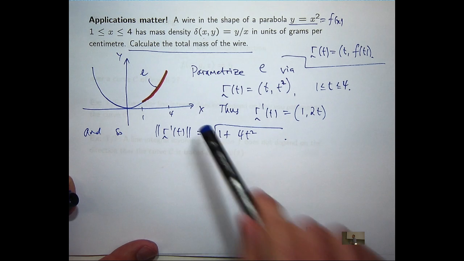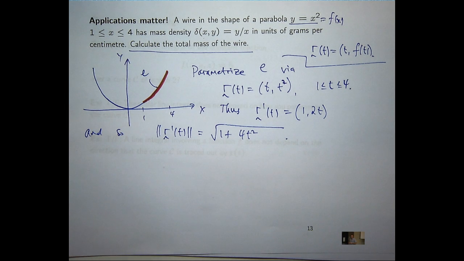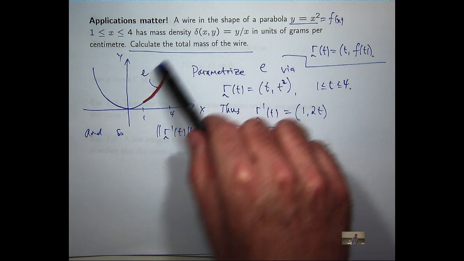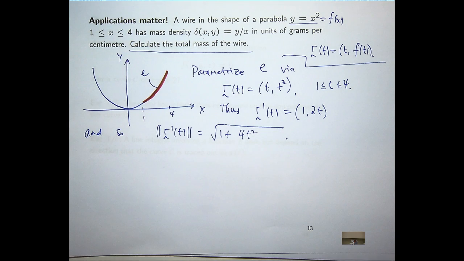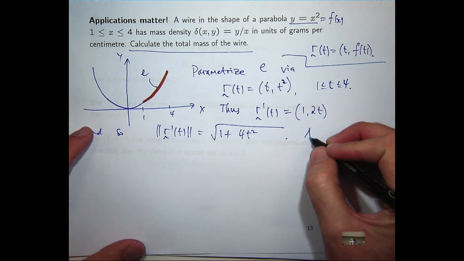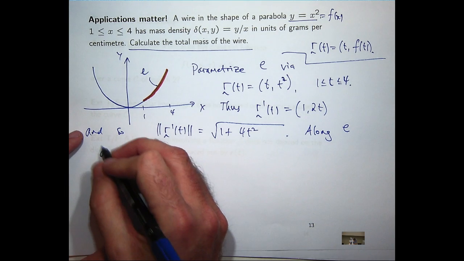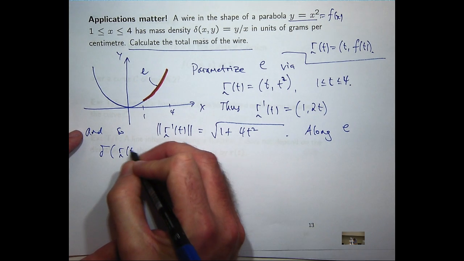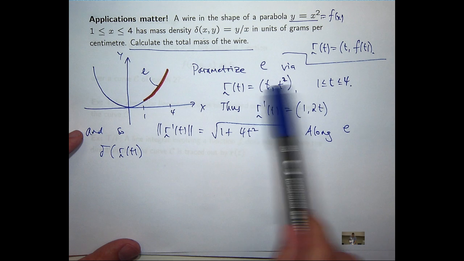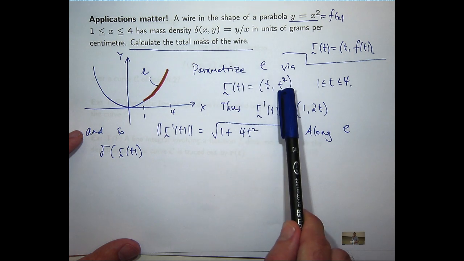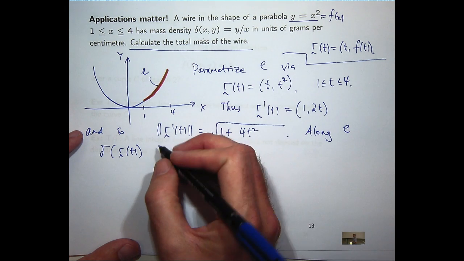I can't really do much with that at the moment. Along my curve, the density function is just, well, we replace y with t squared and x with t.